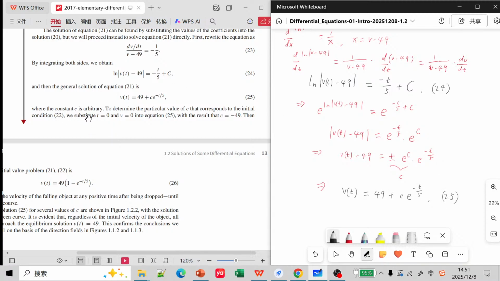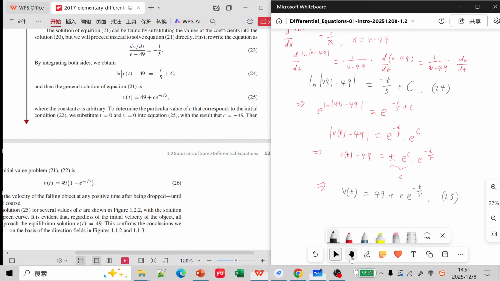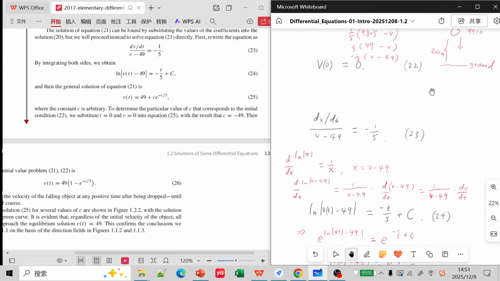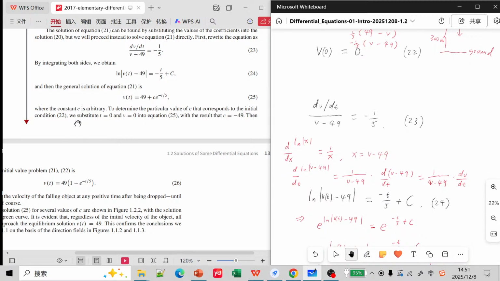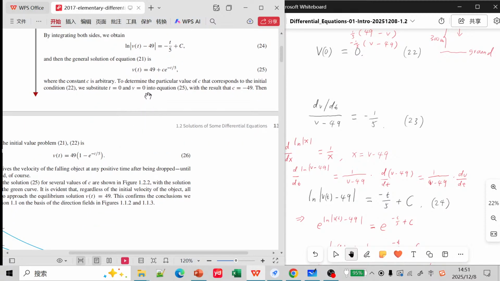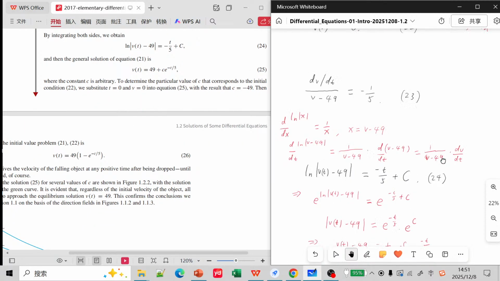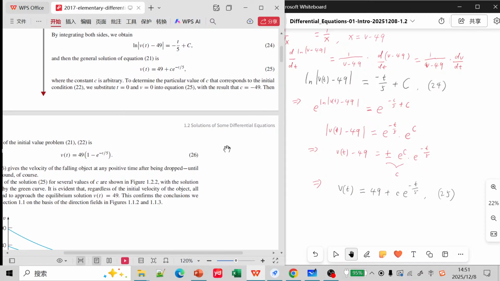Where constant c is arbitrary. To determine the particular value of small c that corresponds to the initial condition v of 0, we substitute t is 0 and v is 0 into equation 25, with the result that c is equal to minus 49.